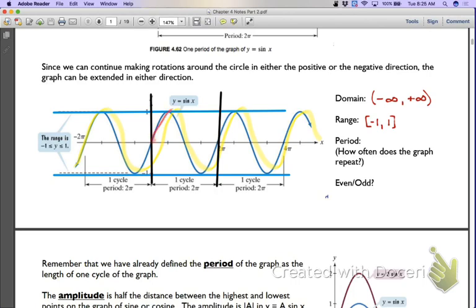Because, think about it this way. When do we start drawing over our circle again as we start going around it?